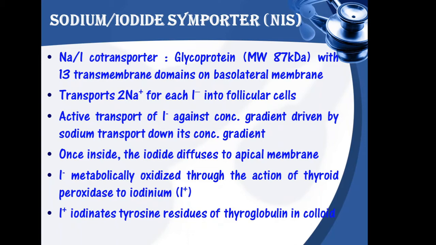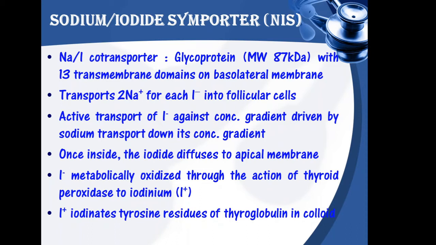So when sodium travels down its concentration gradient from its higher concentration in the extracellular fluid towards the interior of the cell where it has a lower concentration, this energy is coupled to the transport of iodide molecules from the outside of the cell where it is in lower concentration to the inside of the cell where it is in higher concentration.